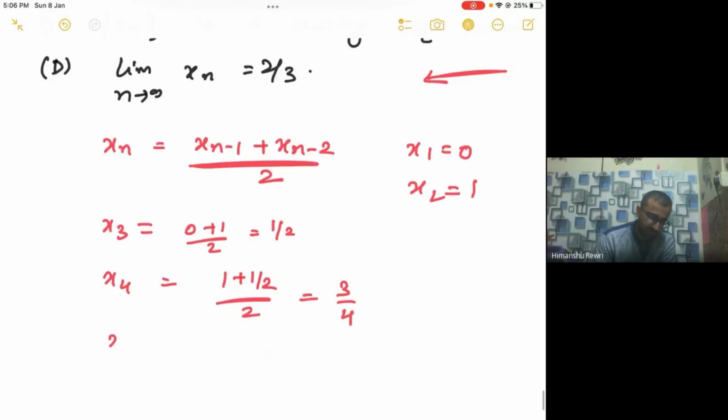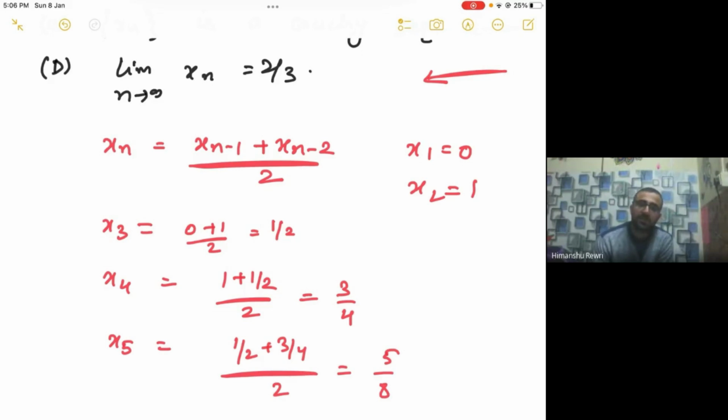What is x5? 1 by 2 plus 3 by 4 divided by 2, which is 5 by 8. Right or not?